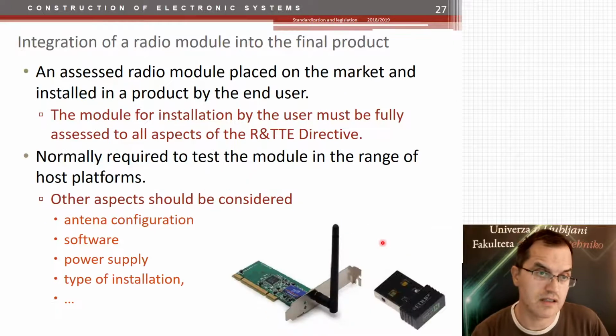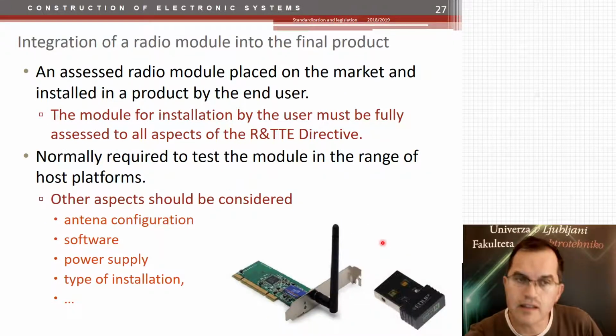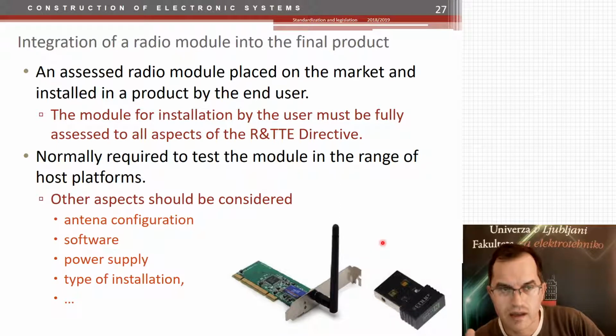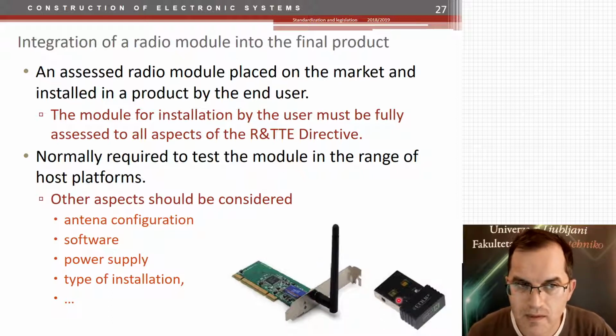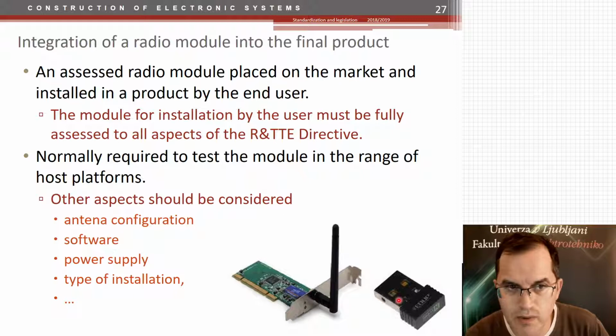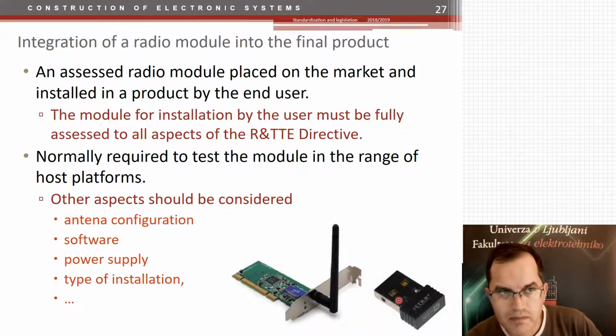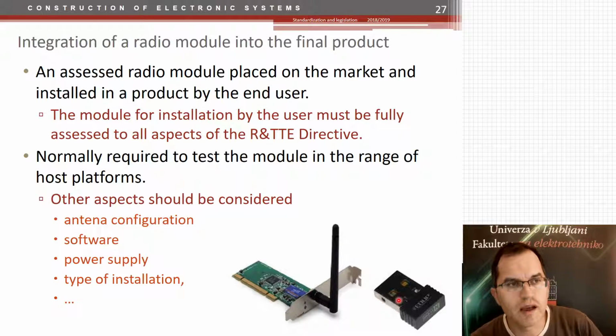Well, you can, on the other side, of course, buy something that is intended for the end user. That would be, let's say, a communication card or a USB communication key. That's intended for the end user. You can buy it in Spar, maybe. And these modules should comply with everything regarding the radio equipment directives. So this should already be subject to all the testing by the manufacturer in all different ways.